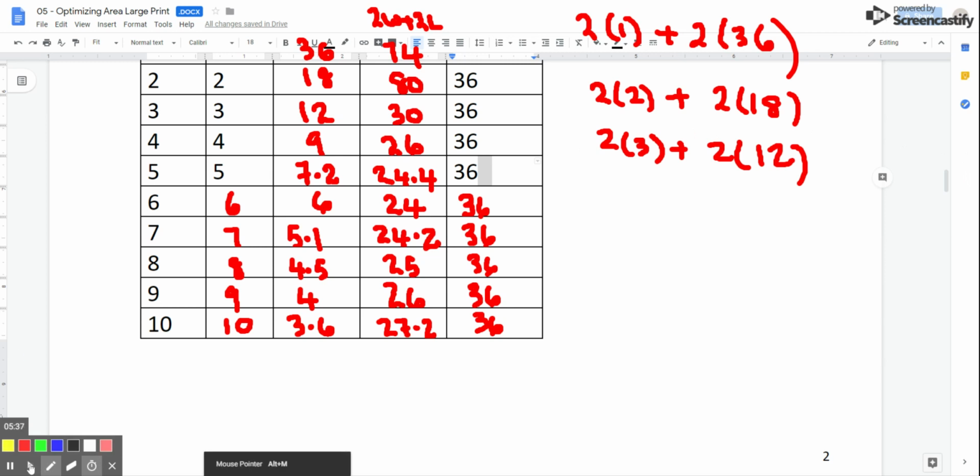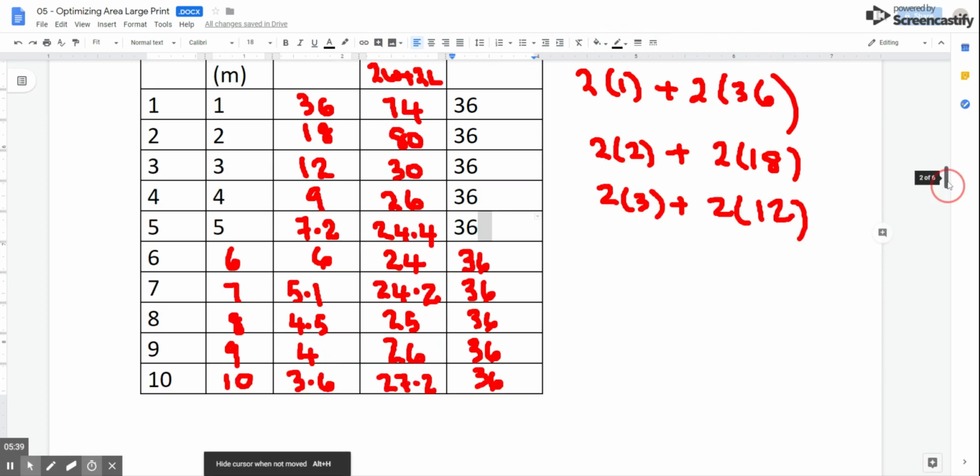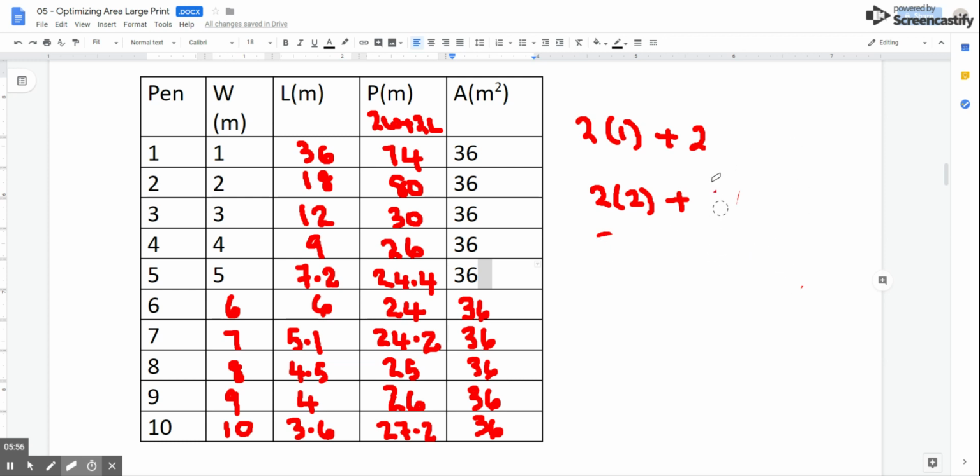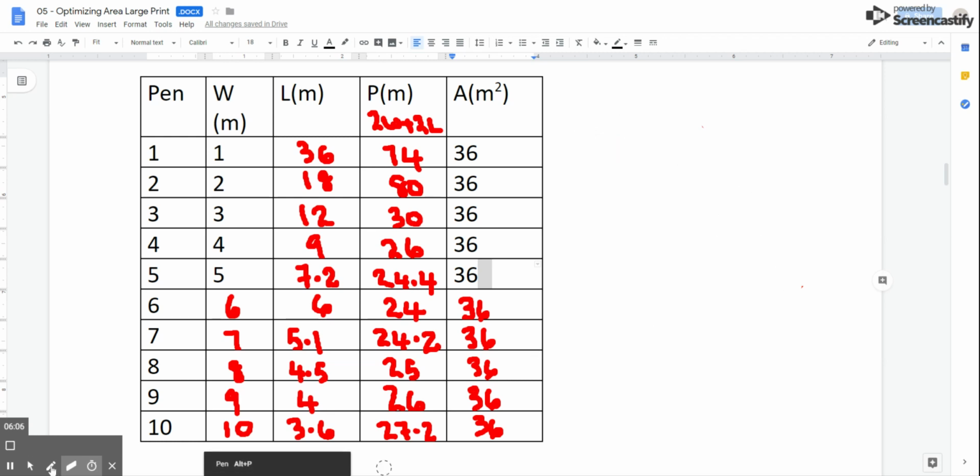And again, I'm looking for my smallest possible perimeter. So let me just erase my rough work. Since I'm looking for my smallest perimeter, 24 here is my smallest perimeter.